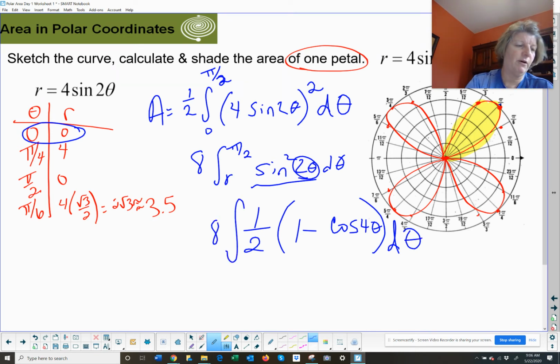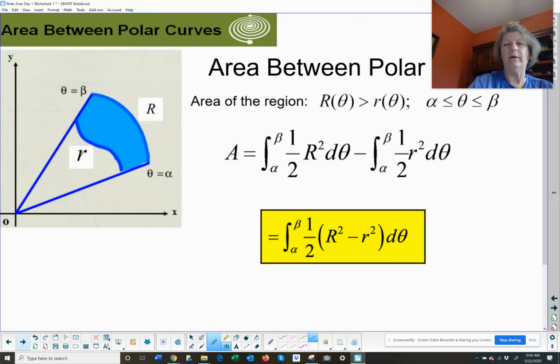So I'd bring that half out front again and get a 4. Okay, the answer on this, I'm trying to find it. It did come out to be 2 pi. We went from 0 to pi over 2. So some of those old trig identities will be helpful if we have to do it by hand. For your homework, you can go ahead and use your calculator today.